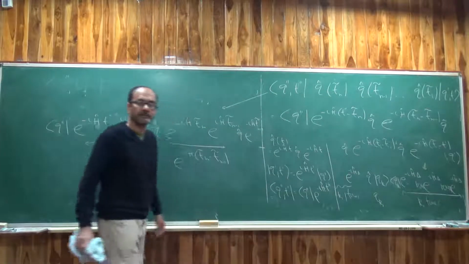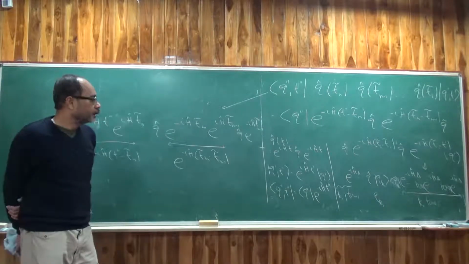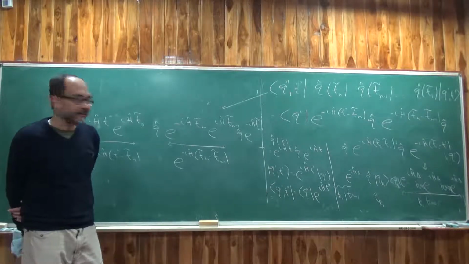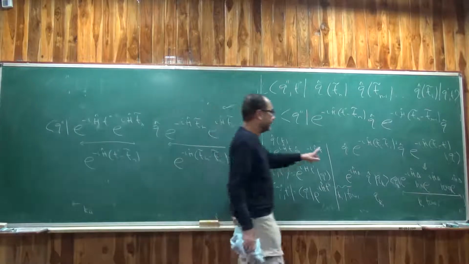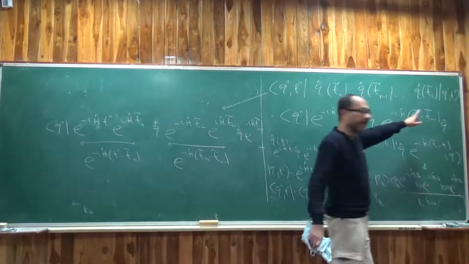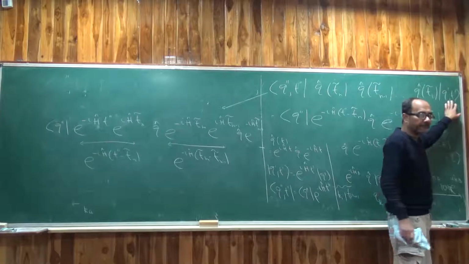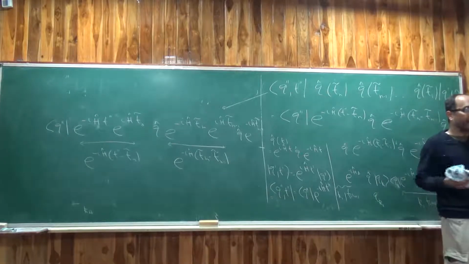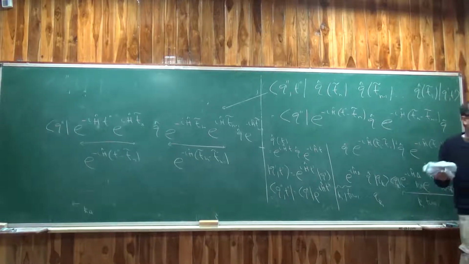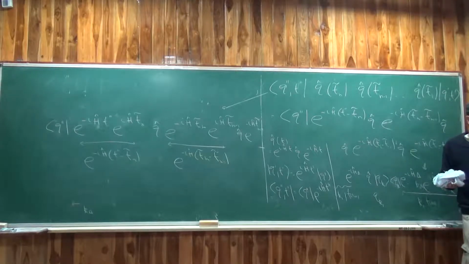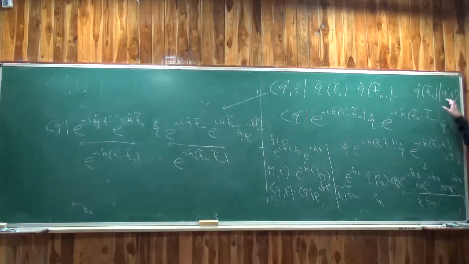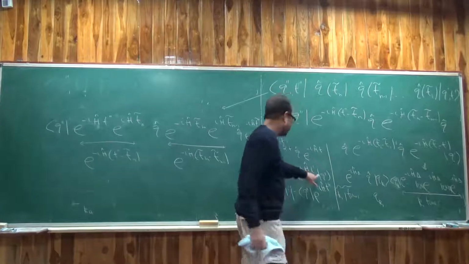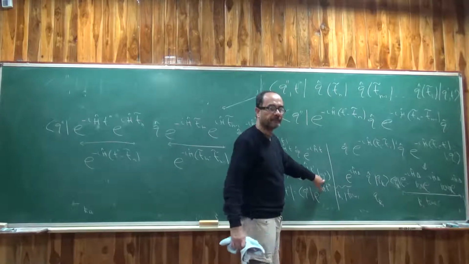We are not evolving the states; we are using the Heisenberg picture. States appear evolved only because of the definition of |q', t'⟩. Don't think of this as the evolved state. |q', t'⟩ is just a state which is an eigenstate of q̂(t'), and that's what determined its form, e^{iĤt'} times |q'⟩.